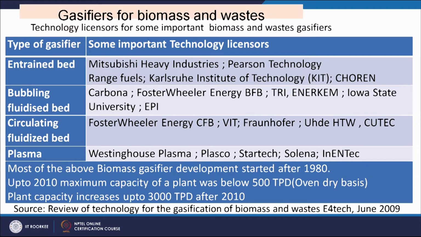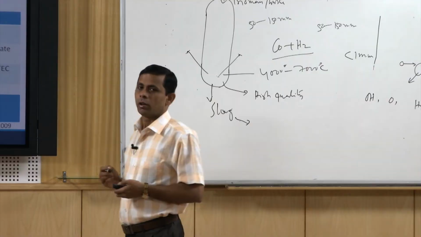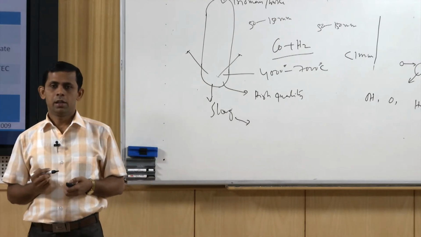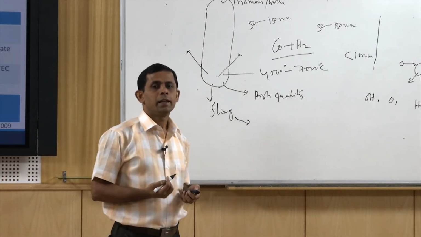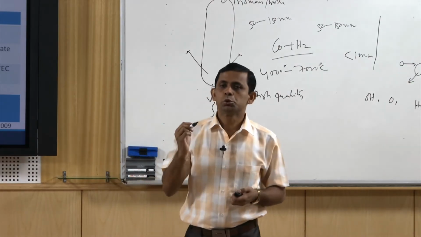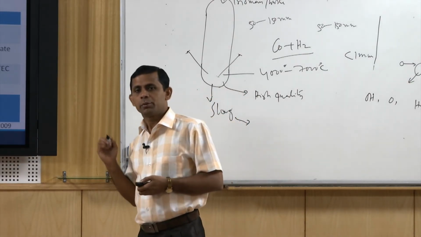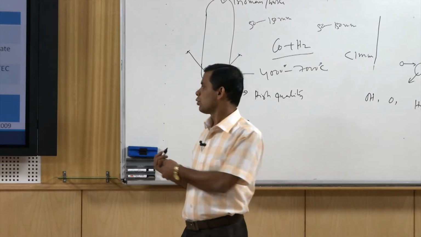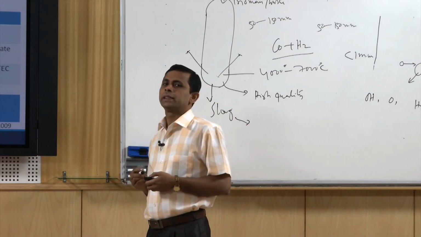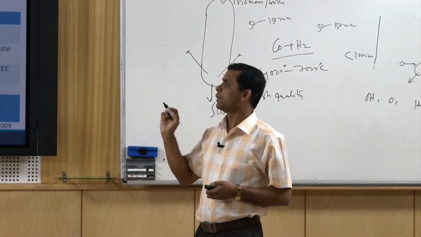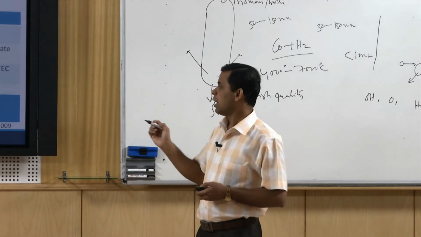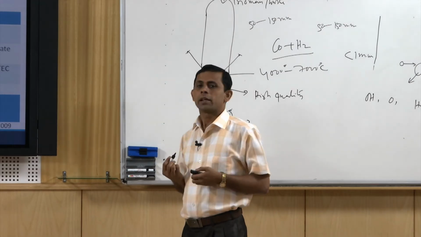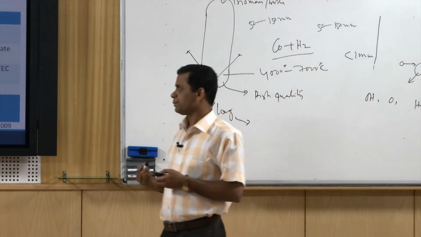From this table we see that most of these biomass or waste gasifiers were developed after 1980, and up to 2010 the capacity of these gasifiers was low, around 500 ton per day. But after 2010 the capacity has increased, and now up to 3000 ton per day capacity is available.